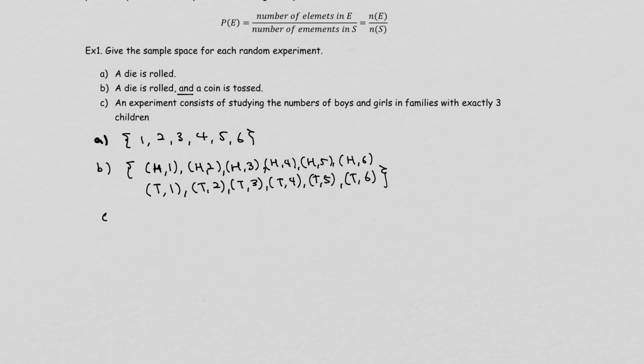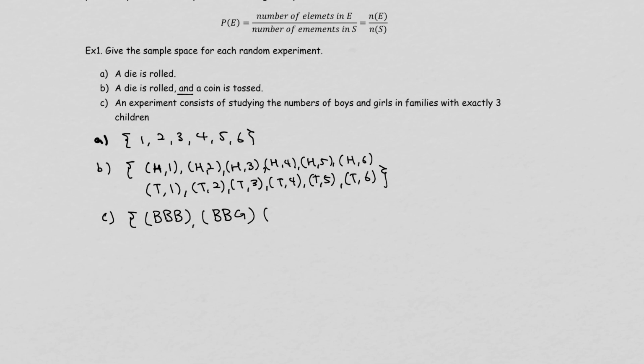We call this the sample space. What about C? It's an experiment consisting of studying the number of boys and girls in a family with exactly 3 children. Having 3 children, one sample can be having all 3 boys, or first 2 boys and the last 1 girl.